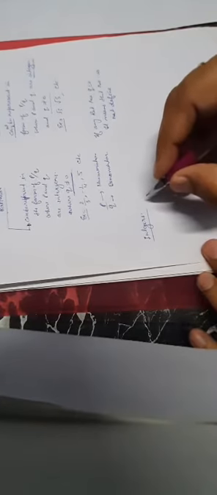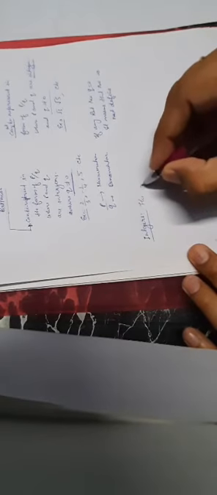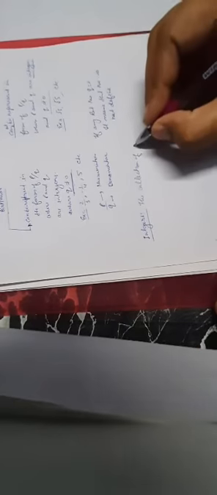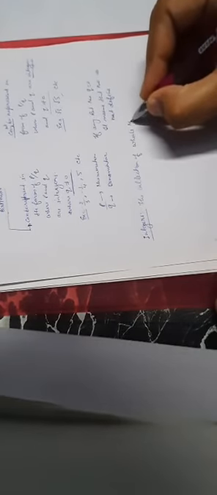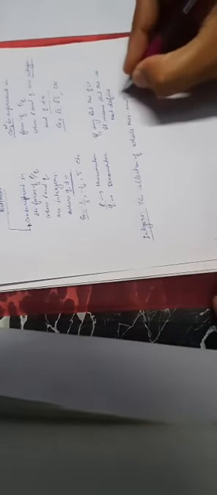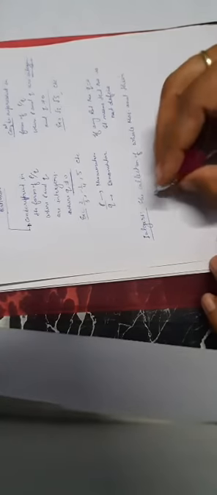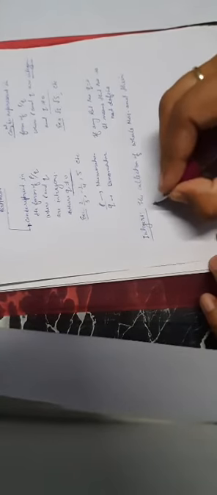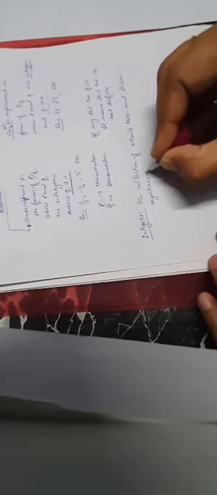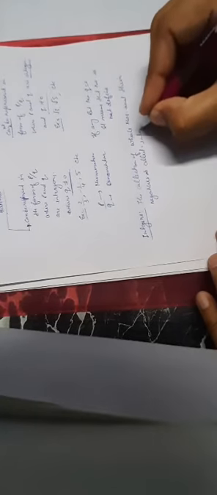Out of them, the definition I am discussing here is: the collection of whole numbers and their negatives is called integers.